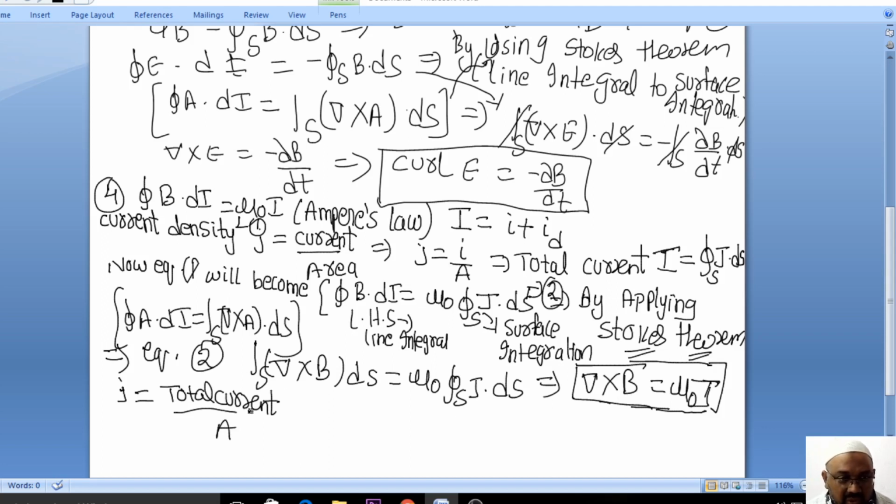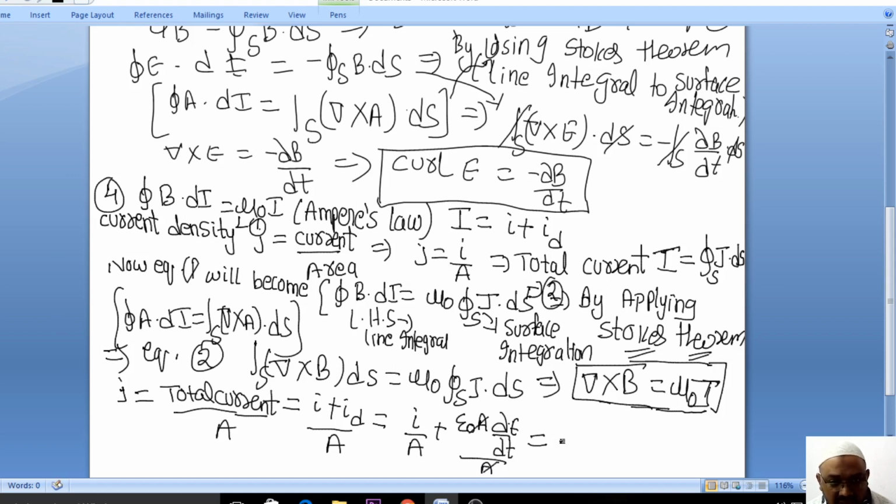Total current is I plus I_d, as you already know, divided by A. I individually divided by A, plus I_d, which from Maxwell's equation is ε0 A ∂E/∂t divided by capital A. So the A gets cancelled. What remains is I by A, which is J, plus ε0 ∂E/∂t.